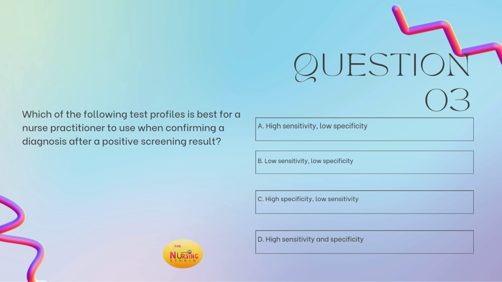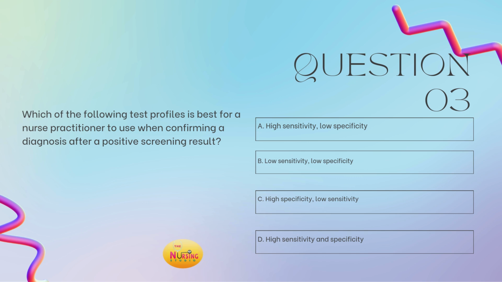Remember, the sensitivity are the positives, but because it captures all of the positives, you can have false positives, right? So low sensitivity, but high specificity, because if the specificity is high and it captures the negative, you will know which ones are a true positive. It will allow you to confirm a positive screening result.